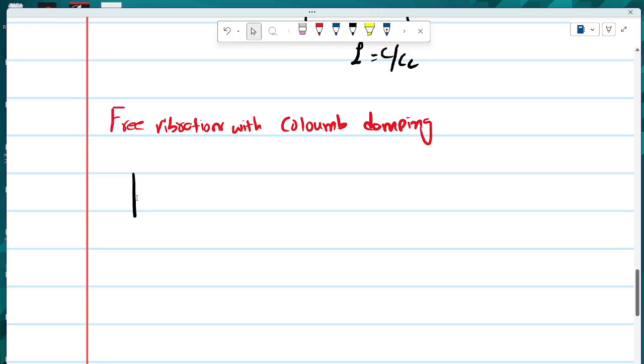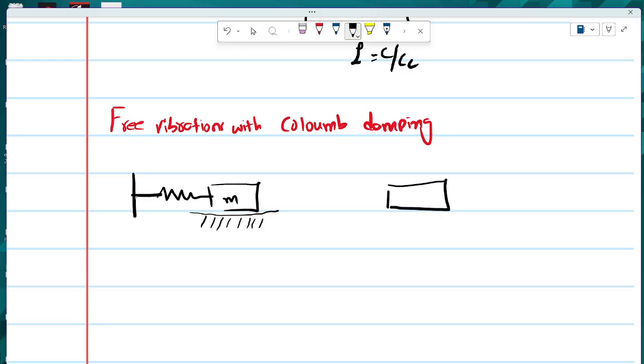Let's suppose you have a mass that is tied to a spring, and that mass is vibrating over a surface, and there is friction between the surface and the mass. If you draw the free body diagram of the system, you have the mass and an applied force in this direction, so the system has some velocity in this direction.